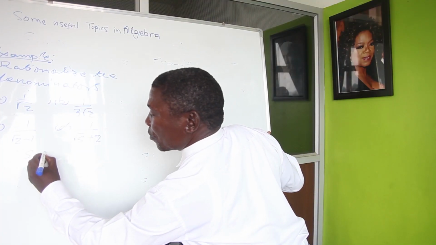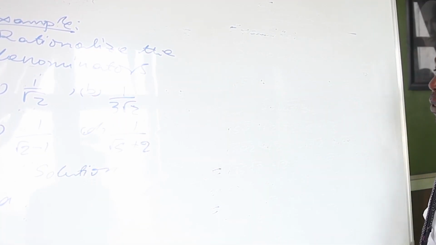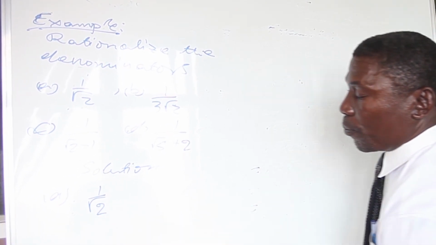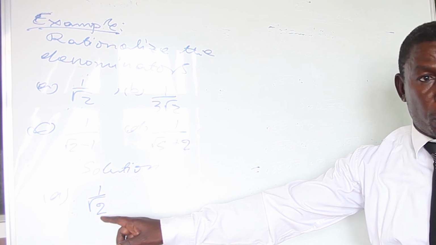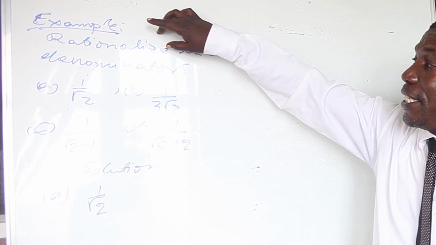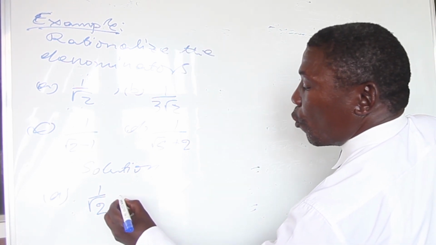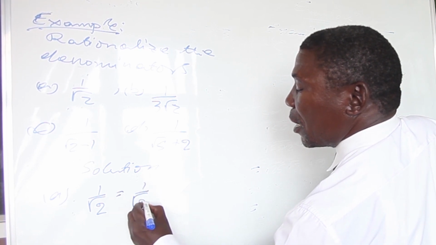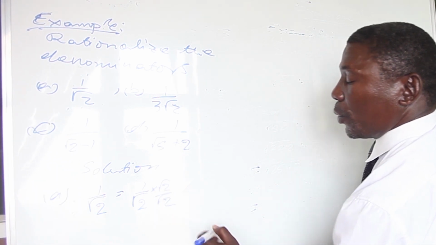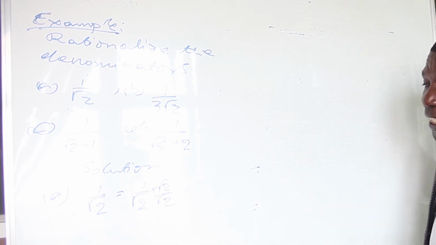Solution, part A: we have 1 over root 2. The denominator is irrational. They are telling us to make it a rational number that can be expressed as a fraction. So we multiply numerator and denominator by the square root of 2. This is the same as multiplying by 1, so we have not changed anything.